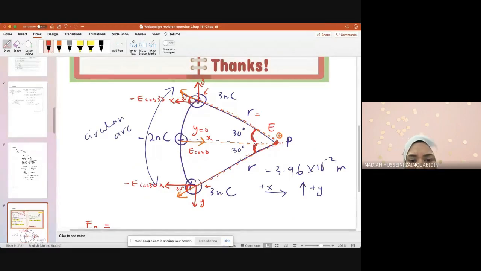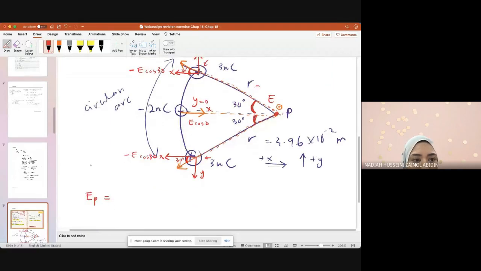Okay. So now my EX component is minus E, number 1. Let's label this number 1, number 2, and this number 3. So E1 cosine 30 plus E3 cosine 0.